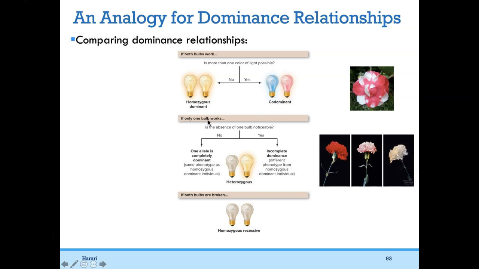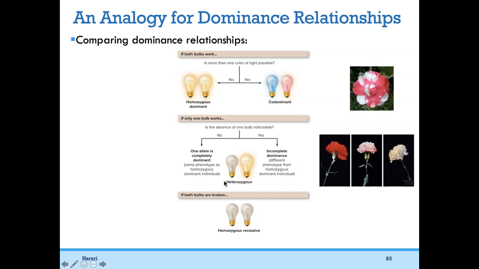If only one bulb works, then we have to see, is the absence of one bulb noticeable? Meaning, if there's no noticeable difference between having a bulb on or off, we know that's simple dominance. One allele is completely dominant, right? It gives us the same exact phenotype as the homozygous dominant individual.